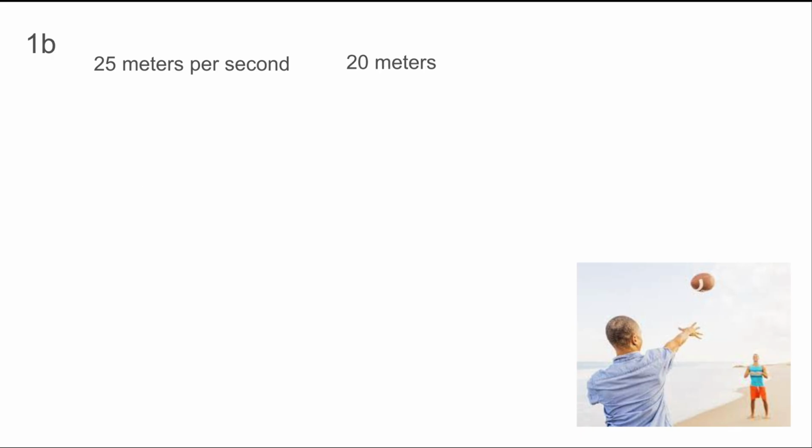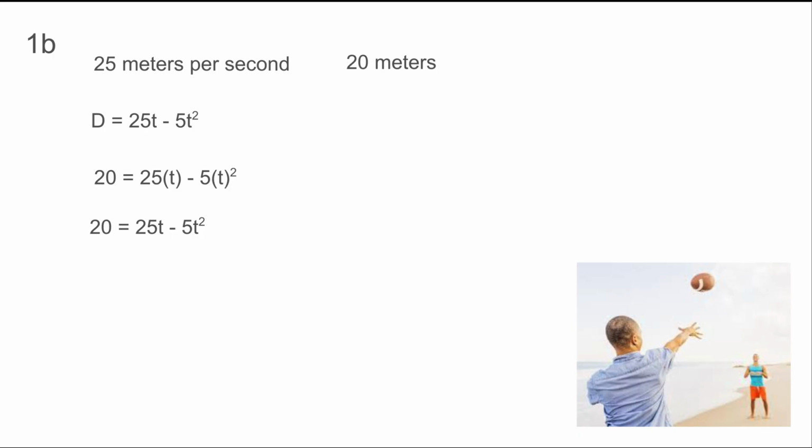Okay, and now this time, instead of telling us how many seconds we've been going, it tells me how far we have gotten. So it says, if you've gotten 20 meters, how long did that take you? Well, this time we know the rate and we know the distance. And so we end up getting 25t - 5t² = 20. And we are going to actually turn this into standard form, like a quadratic equation in standard form.